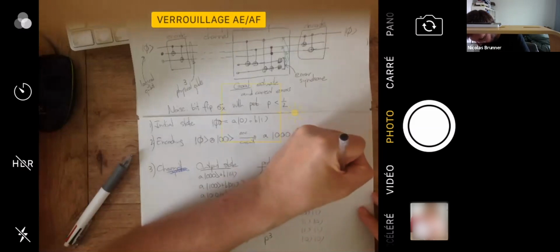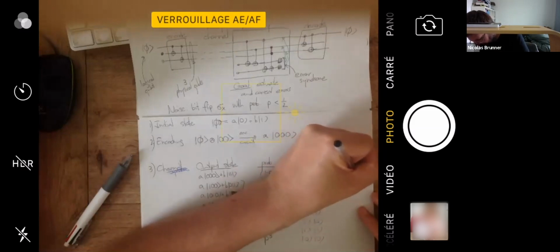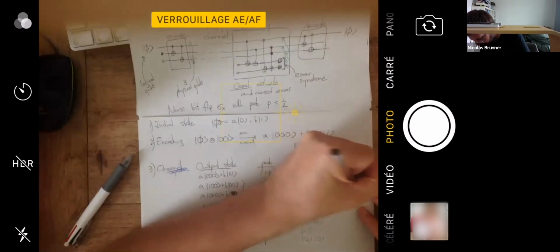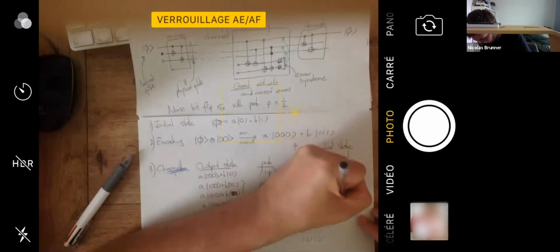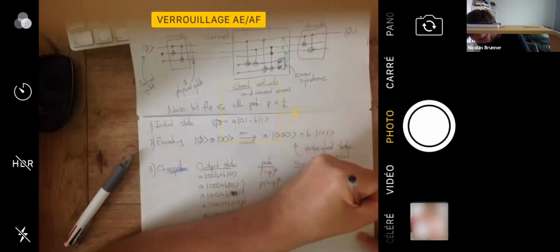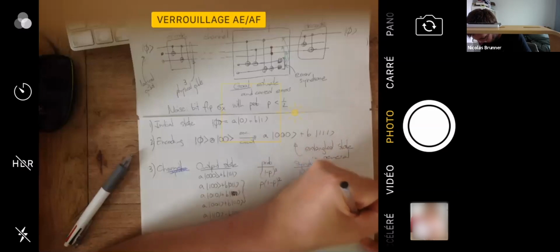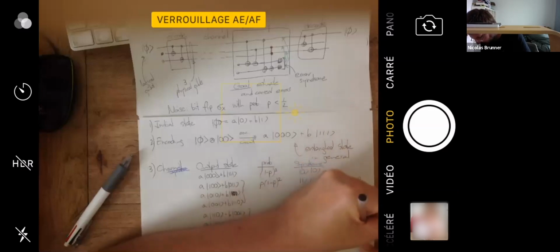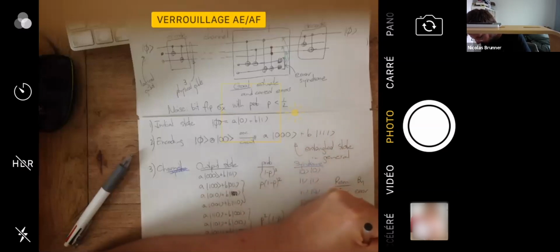So this is the remark. By measuring the error syndrome qubit, I learned something on how many and where the errors happened.